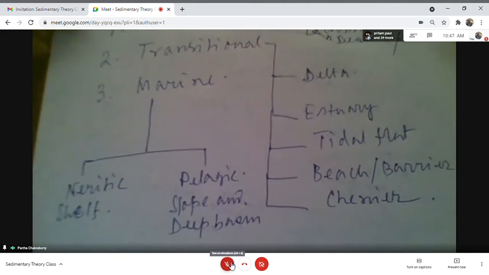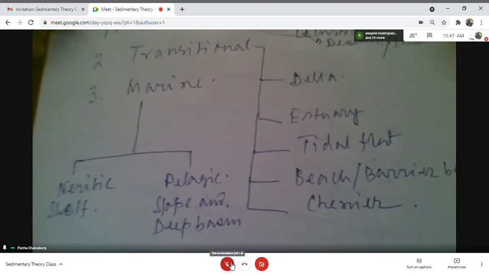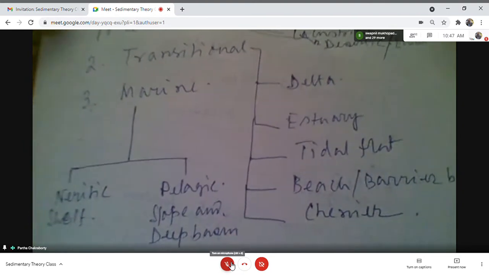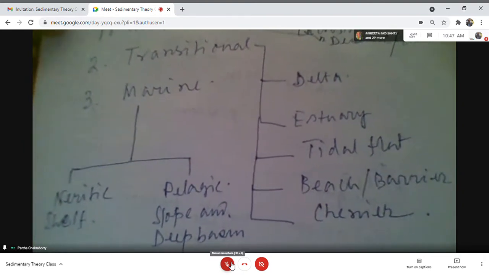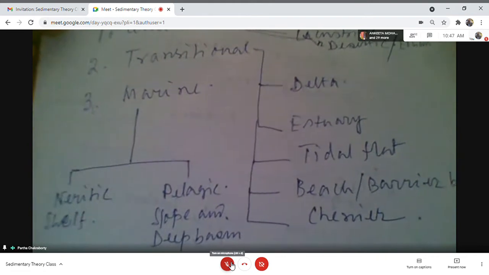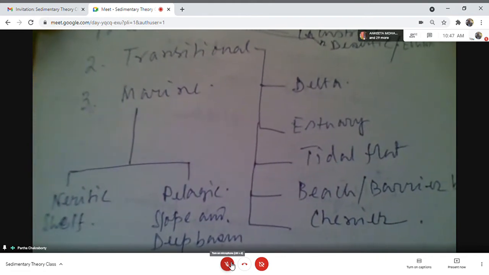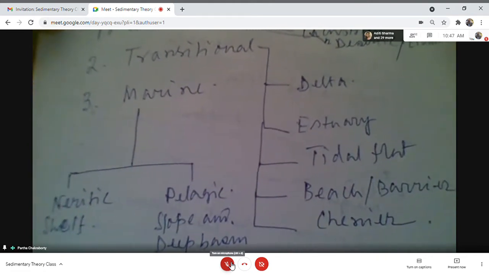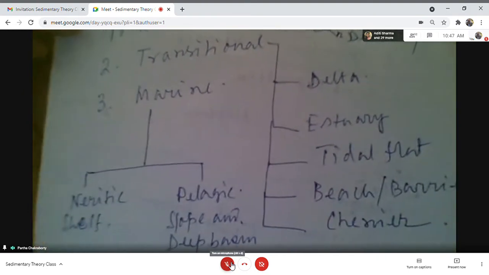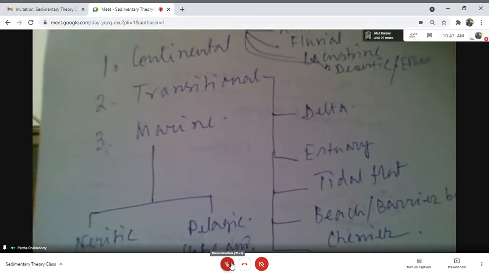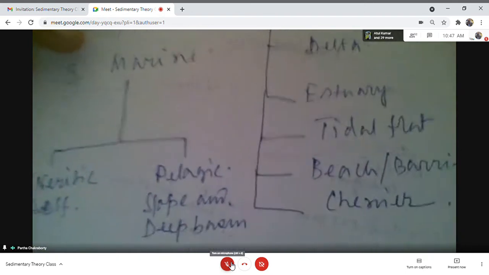So continental, transitional, and marine. In continental, I can have glacial, alluvial fan, fluvial, lacustrine, desertic or aeolian. All these are continental.